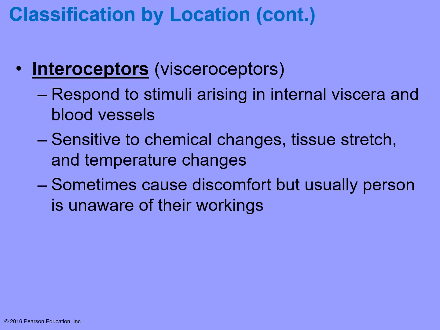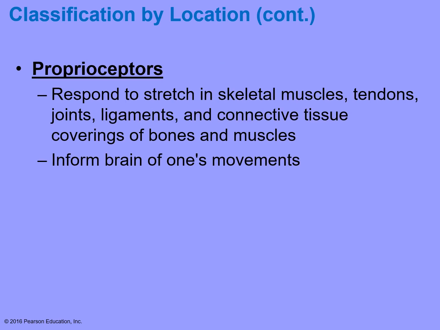They may be sensitive to chemical changes, like sodium concentration changes, stretch, internal temperature changes. Most of those are going to be stimulated, and the response is generated, and you are totally unaware of it. It's in your subconscious.